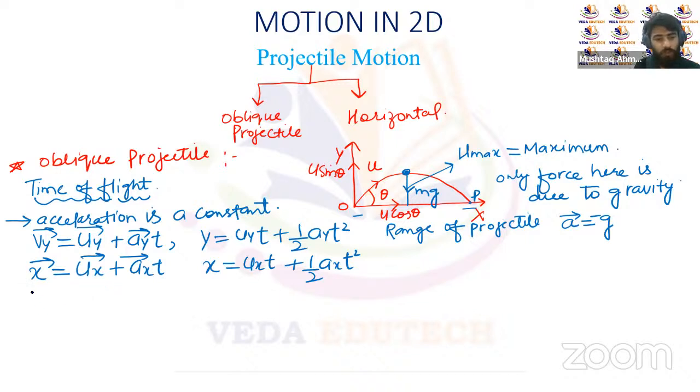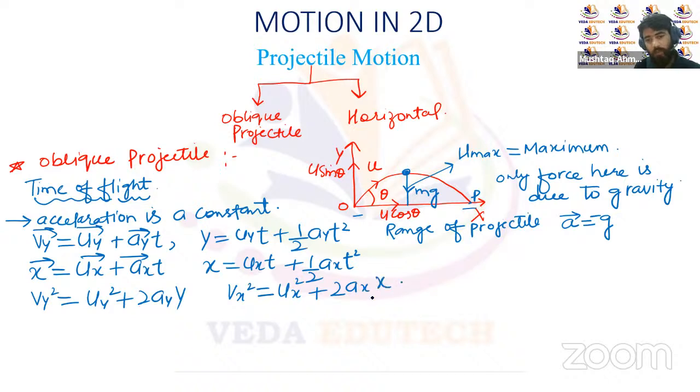And one more equation we can use is Vy square should be equal to Uy square plus 2 Ay into y, and Vx square should be equal to Ux square plus twice Ax into x, right?